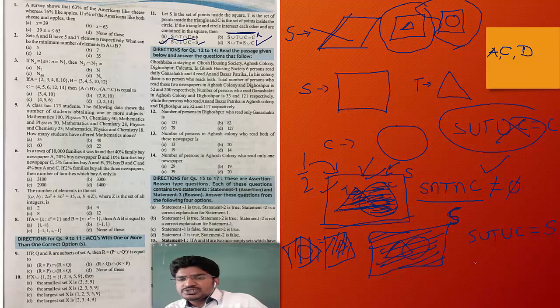So for the D option you can see here, I am writing another example for the D option.